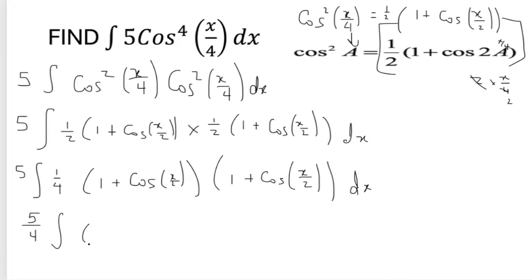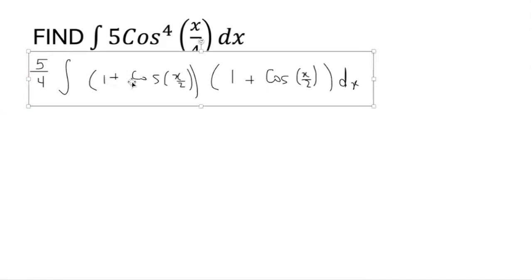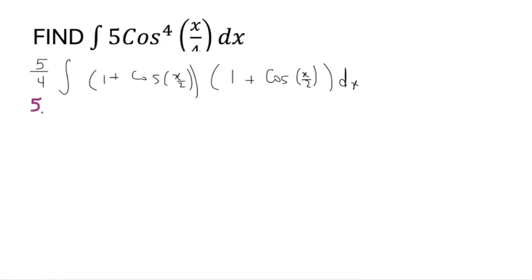Then I'm going to rewrite the bracket that we have here. So the two brackets, I'm rewriting it. Then I'm going to expand. So the 5 over 4 integral, and then I am going to expand the bracket. So let me write back the 5 over 4 and the integral sign.